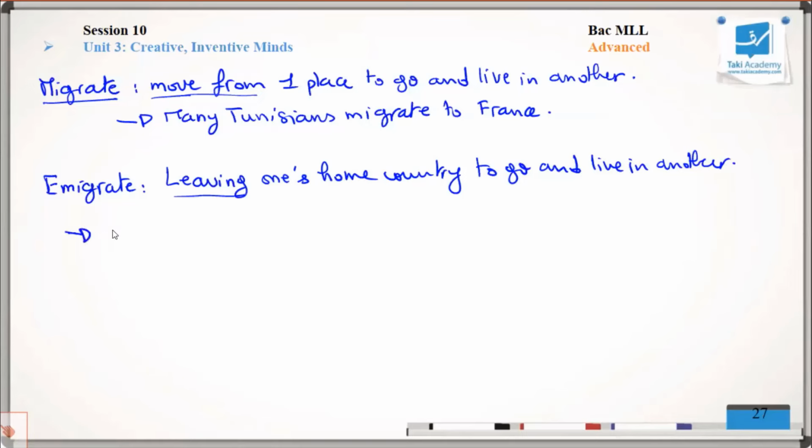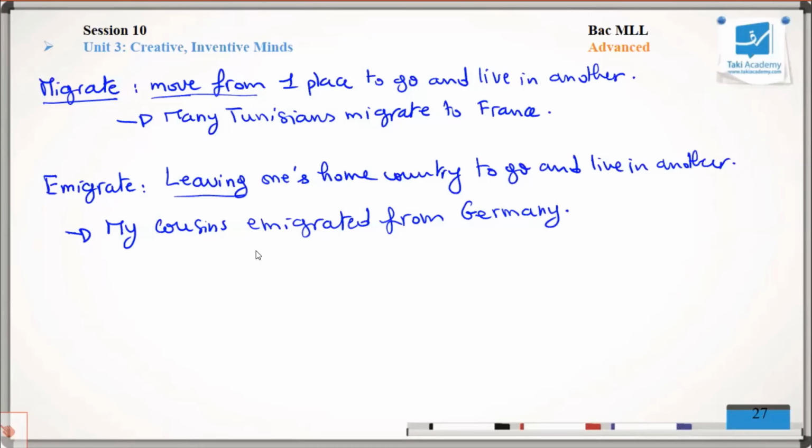For example, my cousins emigrated from, so let's say they are German, okay? So they emigrated from Germany. This means originally they come from Germany, but they emigrated to the United States, for example. So here we say to emigrate from, but we say migrate to.